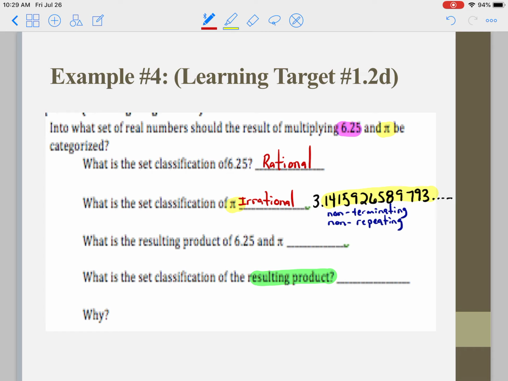Now we need to consider the product of 6.25 and pi. As a quick reminder, product implies multiplying or multiplication. When 6.25 and pi are multiplied, the resulting product is 19.63495408493621 and continues forever.